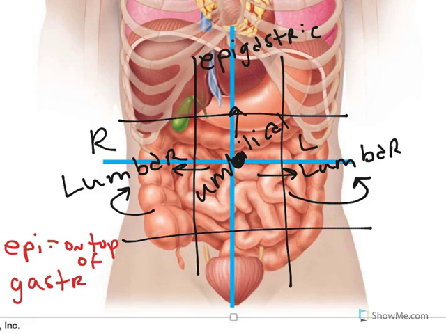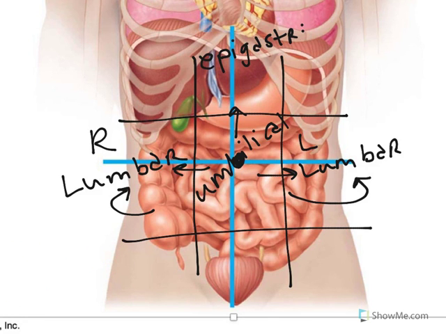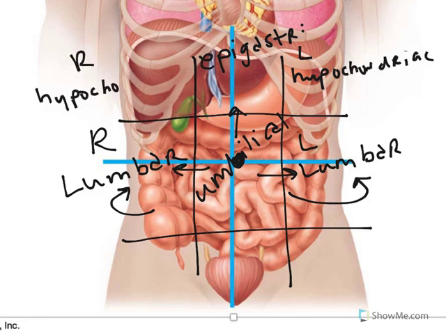Okay? The next region will be the right and left hypochondriac regions. So left hypochondriac. This is not named after your grandmother who thinks that she's sick all the time. I'll explain what this means in a second here. So these two regions are the very top on each side.